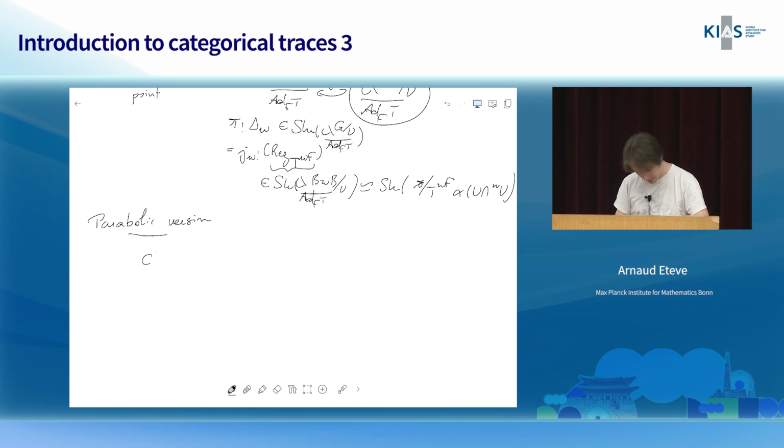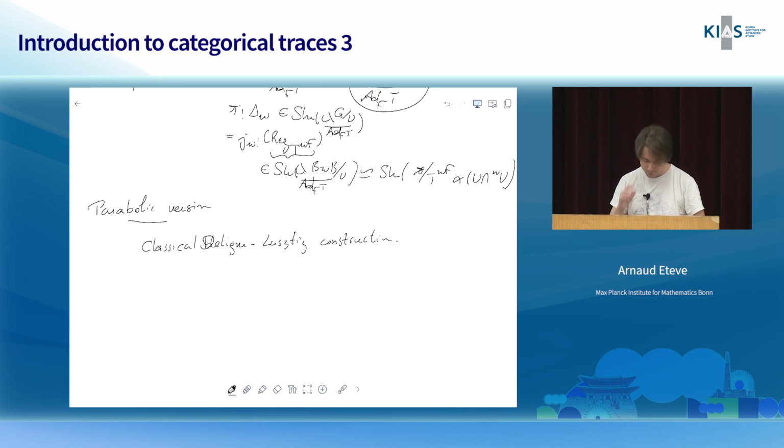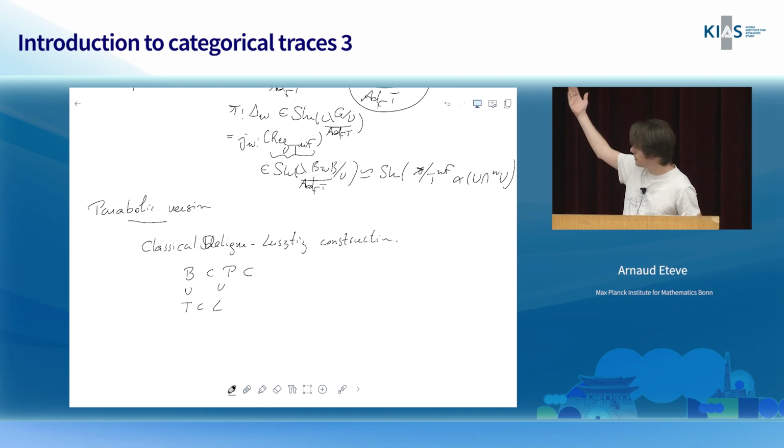So for the classical Deligne-Lusztig construction, what you consider is, so we have our Borel that's fixed. We're going to choose a torus and a Levi here. And so I will work with standard parabolics and standard Levis.